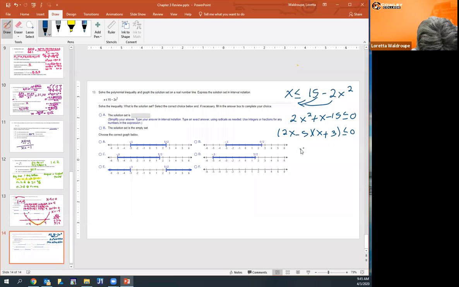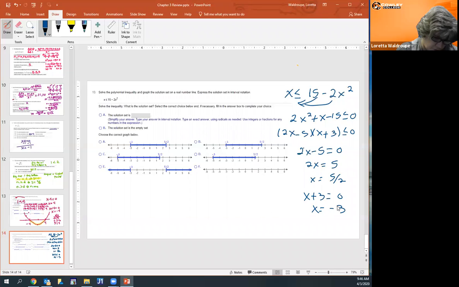Set each one equal to 0. So if 2x minus 5 equals 0, add 5 to both sides and divide by 2. If x plus 3 equals 0, get -3. So on my number line, all I care about is -3 and 5/2.